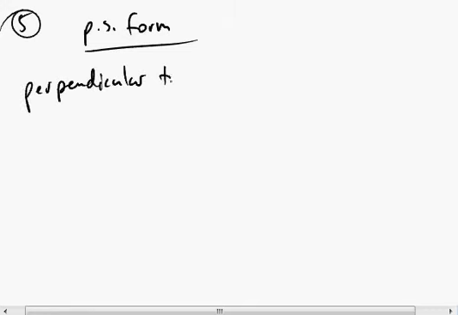Number 5. Choose the equation of the line in point slope form that is perpendicular to this and passes through the point 6, -7.